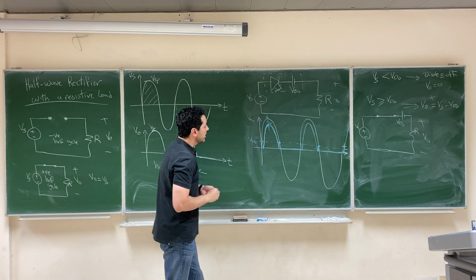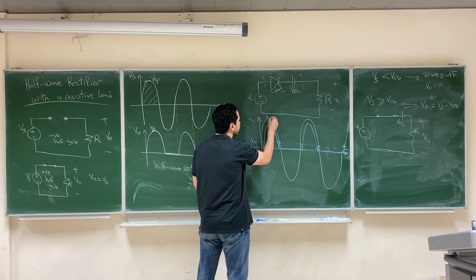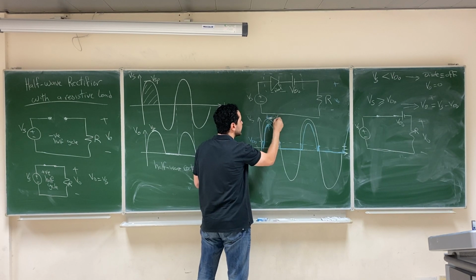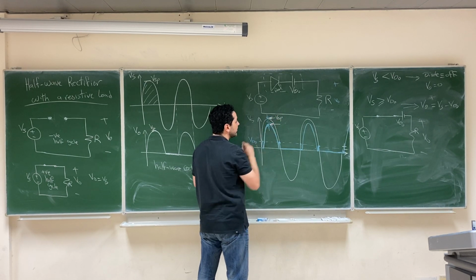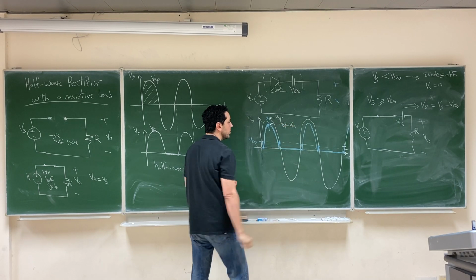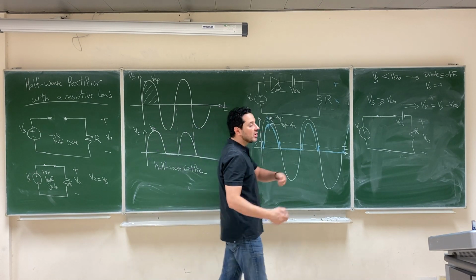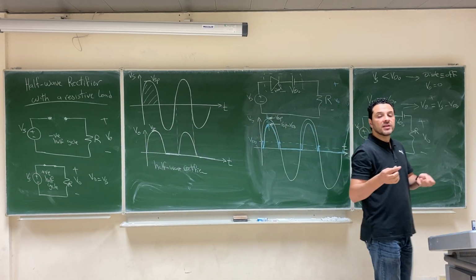If the peak of Vs is called Vs peak, then the peak of the output voltage will be Vs peak minus VDO. So this is what happens if you assume a constant voltage drop model.